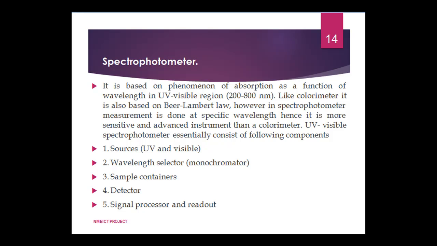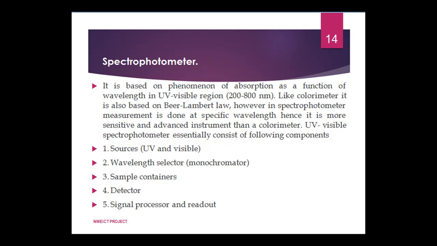Spectrophotometer is based on the phenomenon of absorption as a function of wavelength in the UV-visible region, that is 200 to 800 nanometer. Like the colorimeter, it works on the principle of Beer-Lambert's law as we discussed earlier. However, in a spectrophotometer, measurement is done at a specific wavelength.